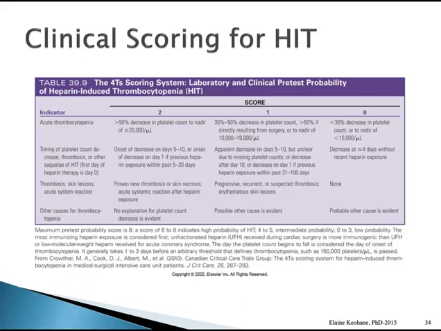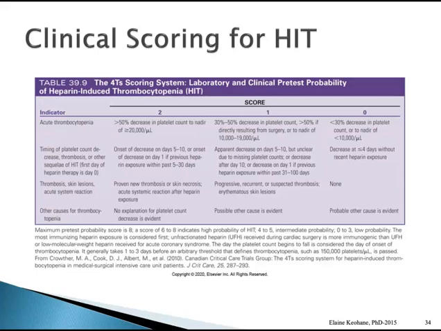And so a patient would get a score of 2 if there is more than 50% decrease in the platelet count, if the onset of the decrease of the platelet count was between 5 to 10 days, or the onset of decrease on day 1 was present, if there is proven new thrombosis or skin necrosis.